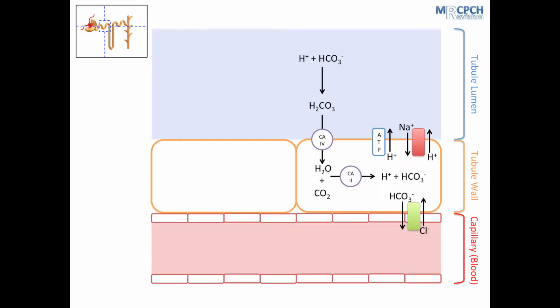The bicarbonate is then exchanged with chloride from the circulation, and the bicarbonate is reabsorbed into the circulation. And the protons are either actively secreted by a proton ATPase or exchanged for sodium from the filtrate. The protons are then excreted in the urine, and the bicarbonate is reabsorbed into the blood. So the proximal convoluted tubule accounts for roughly 70 to 80% of the reabsorption of bicarbonate back into the circulation.